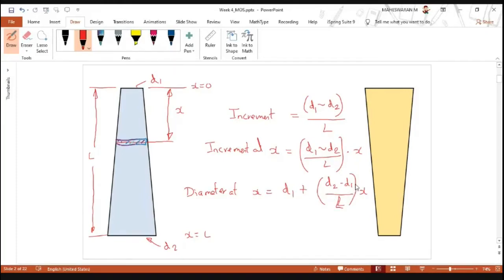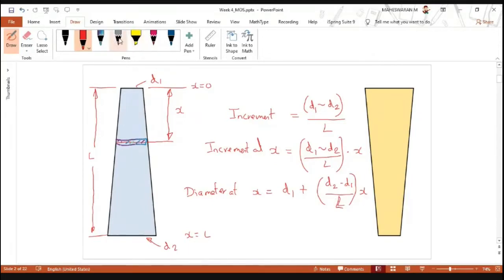The d1 minus d1 gets cancelled, and you get d2. So this is the formula to identify the diameter at a particular location. If it's a tapered bar, my formula is d1 plus d2 minus d1 divided by L into x.